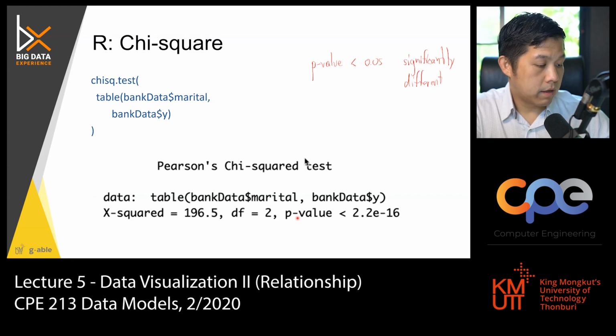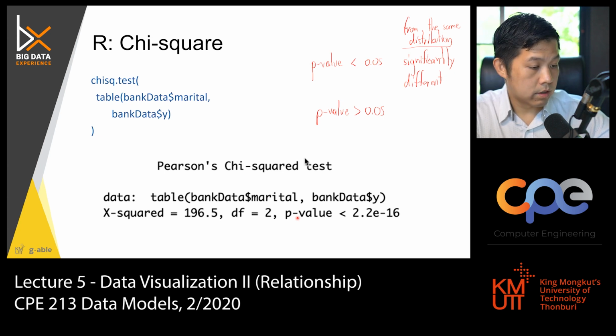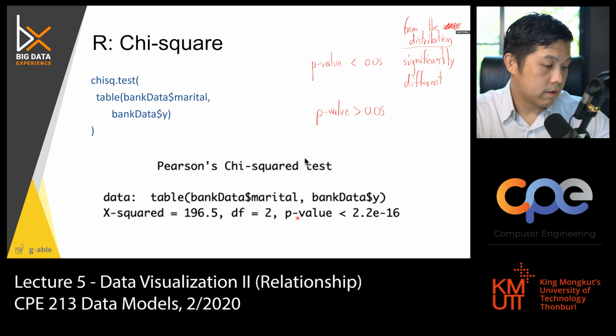Or in other words, if the p-value is more than 0.05, that means they are from the same distribution, not from different distributions.